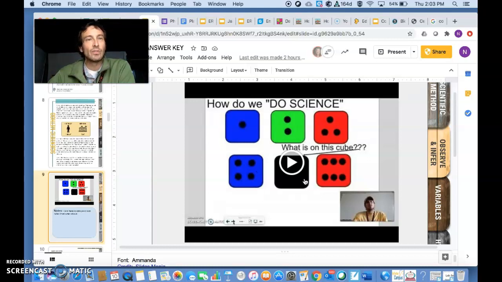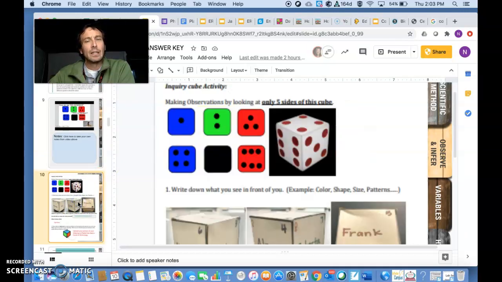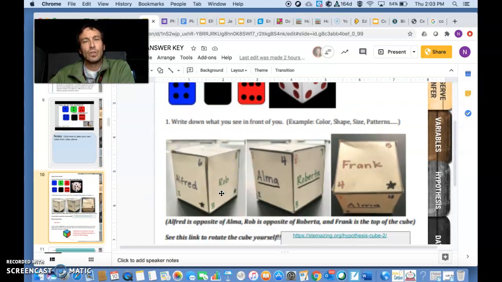One of the reasons we have to do so much repeating of science work, or work that others have done, is to account for the fact that our perception plays a role. So you do a couple of activities to help you understand that and think about that. And one of them was the inquiry cube. And of course, the cube that we wanted you to tell us what was on the bottom and you were supposed to post on Padlet looked like this.